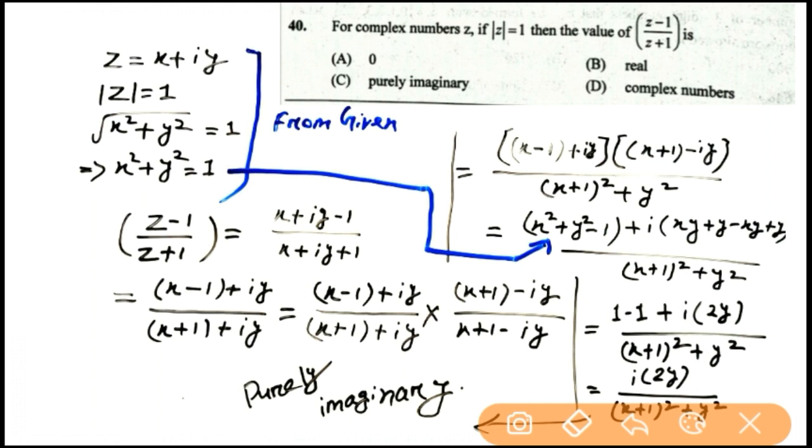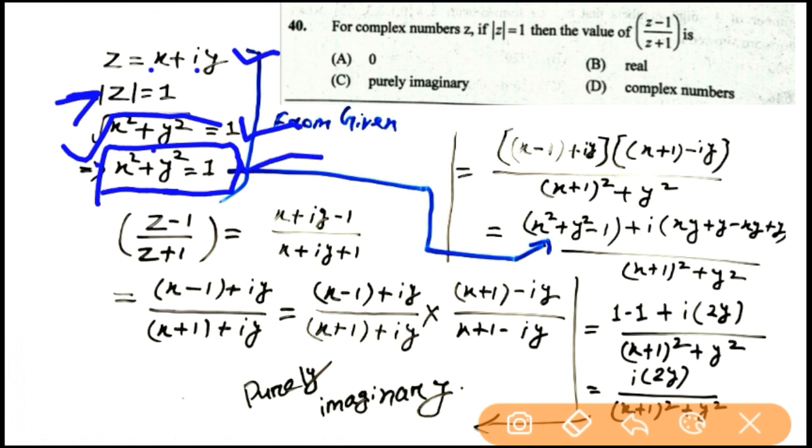We have z equal to x plus iy, as z is a complex number. So mod z equal to 1 is given. So mod z equals the square root of x² plus y² equal to 1. By squaring both sides, x² plus y² equals 1. We will use this later. Now we have the question (z minus 1) by (z plus 1). By putting z equal to x plus iy, we have (x + iy minus 1) by (x + iy plus 1).